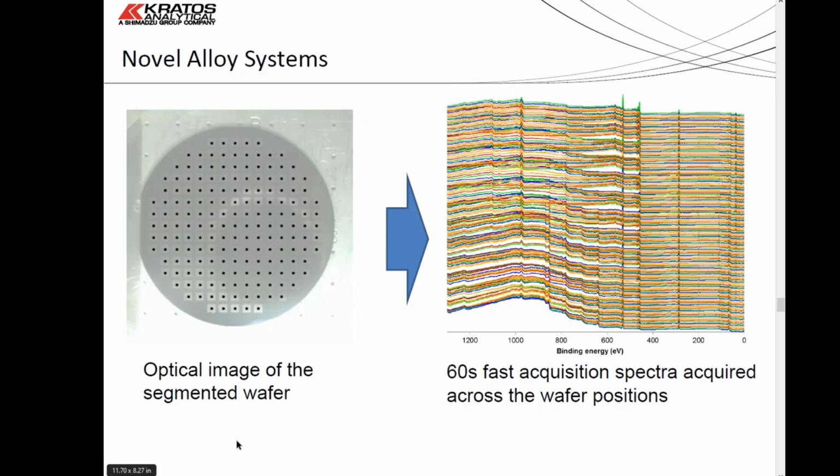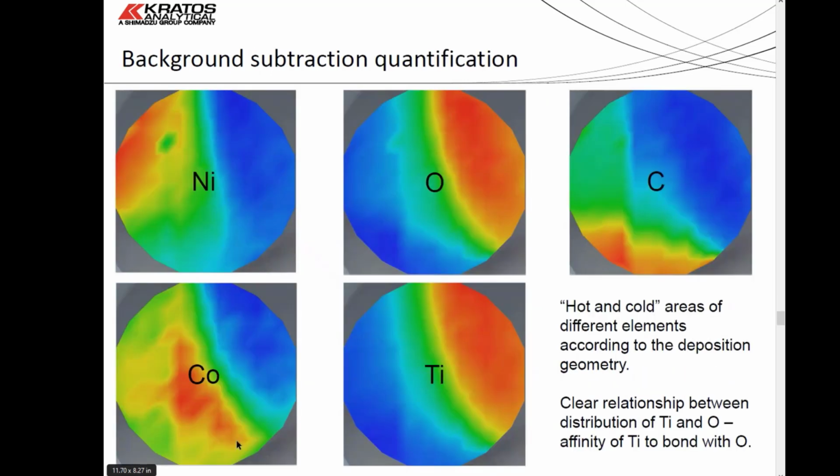Obviously there are a lot of different sample locations, so we did 60-second fast acquisitions here. That's a whole stack of spectra. You apply your backgrounds and propagate that through the data fitting in the modeling window and Escape, and then you can pump out the distribution maps.